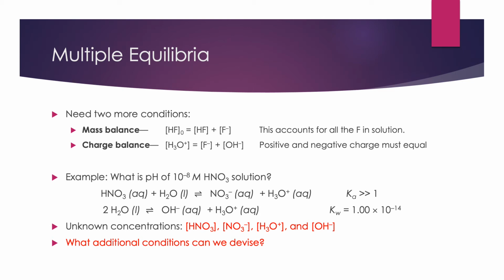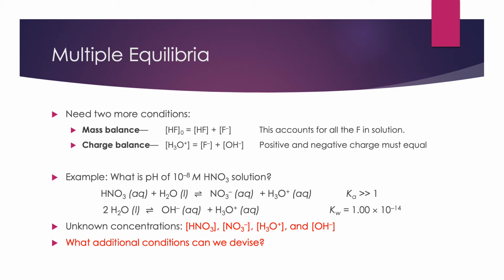Two of the ones that often are utilized in this case would be mass balance. Now, let me explain what that means. In mass balance, we're saying basically all of the fluoride that's in the solution has to come from the original hydrogen fluoride. There's no fluoride in pure water.